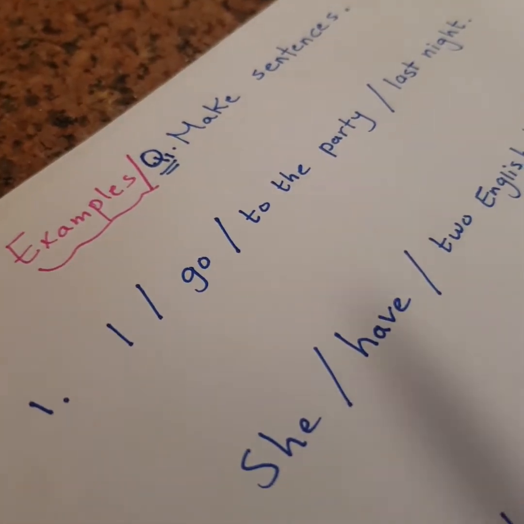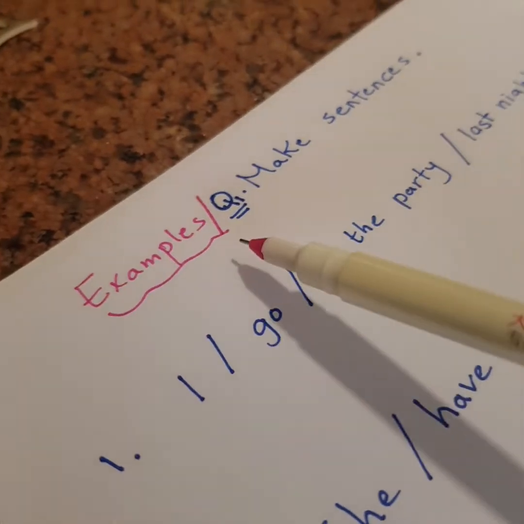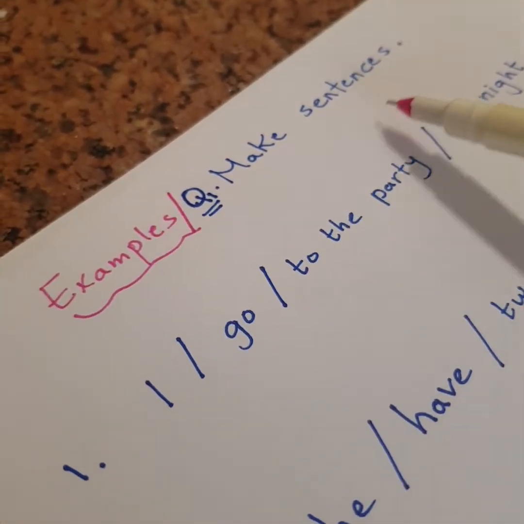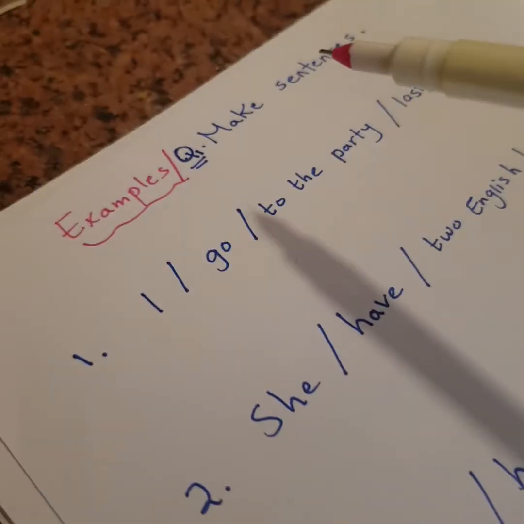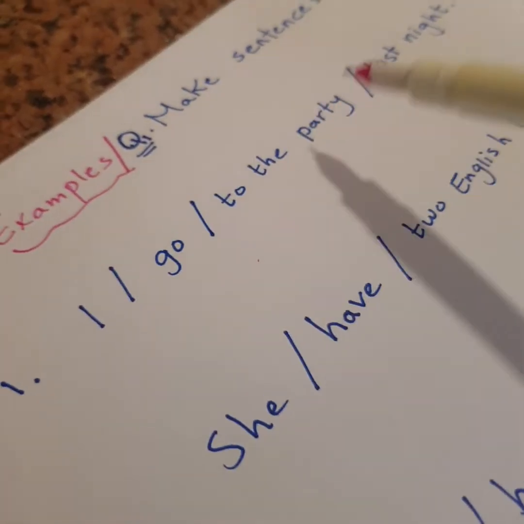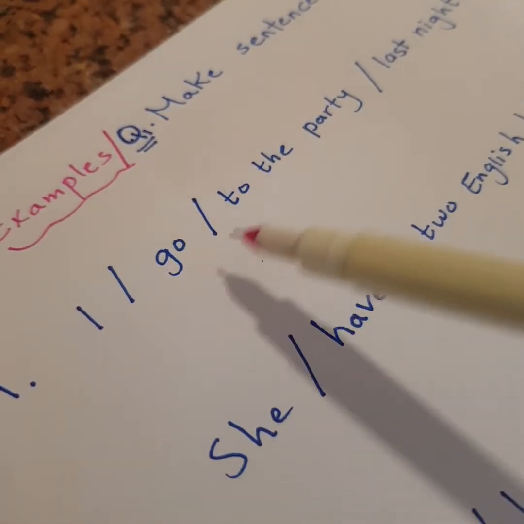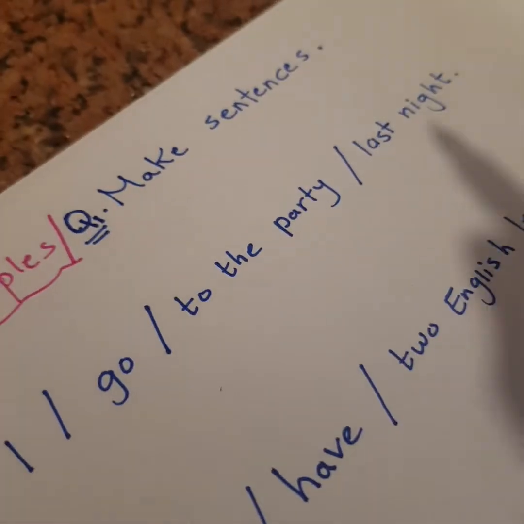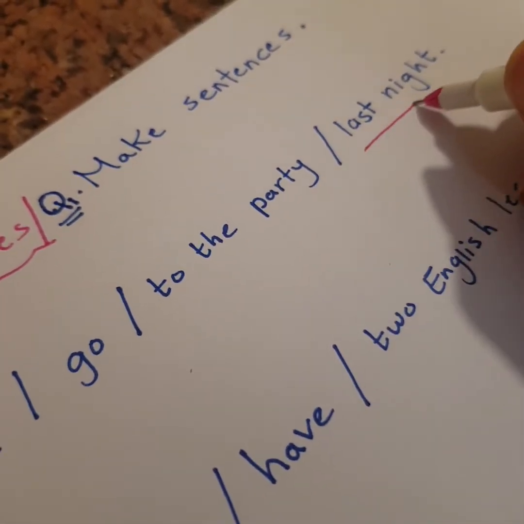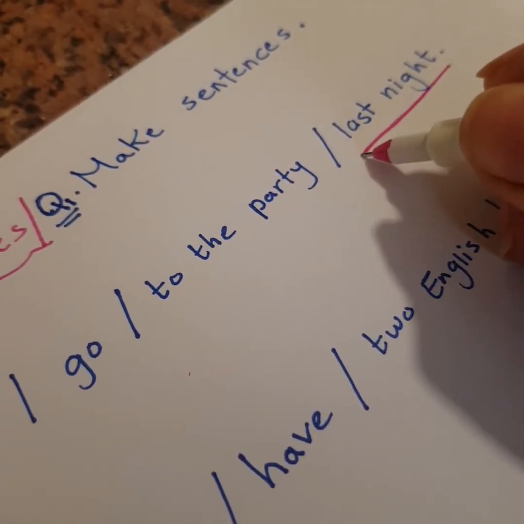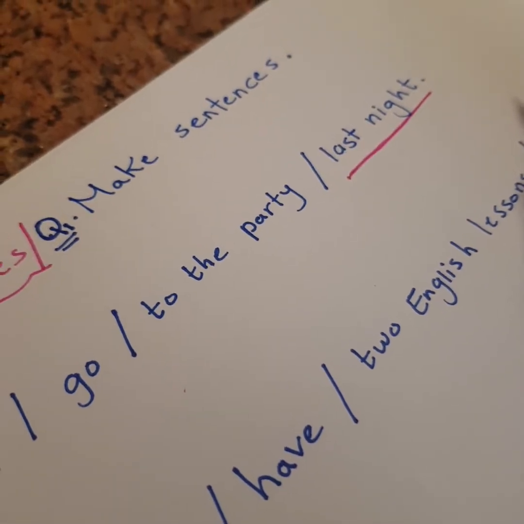Now let's practice. Make sentences. Okay, I go to the party last night. We have last night, it's a key word for the past simple.